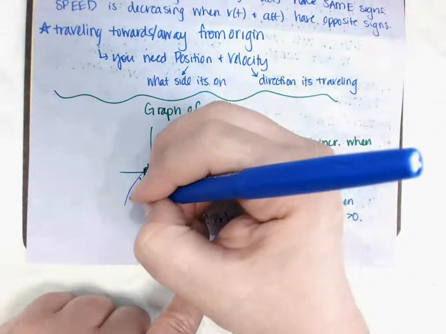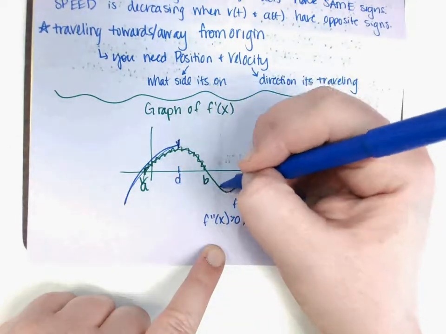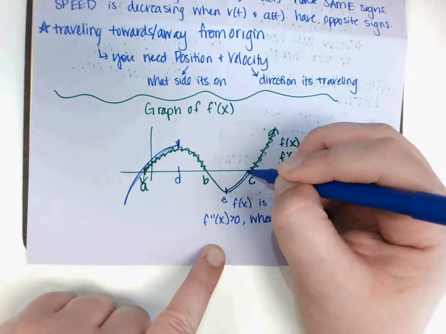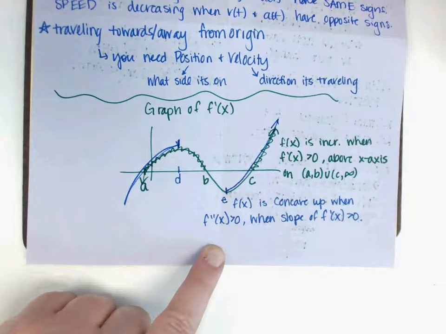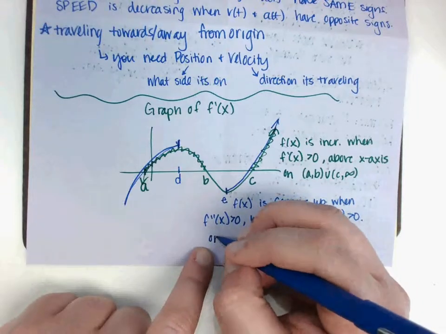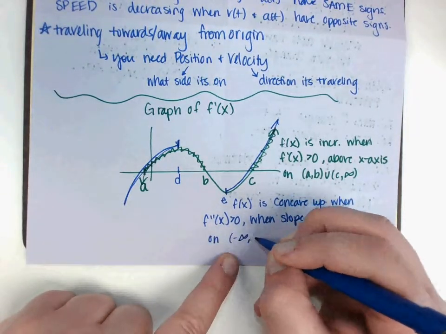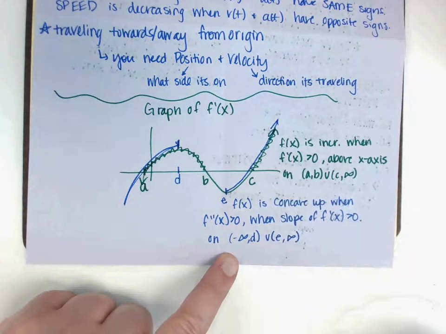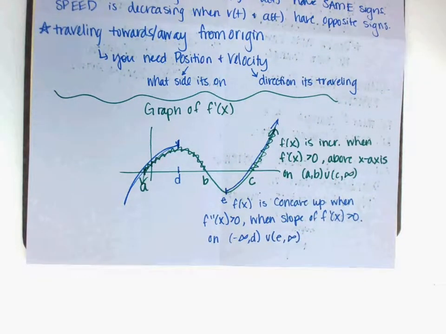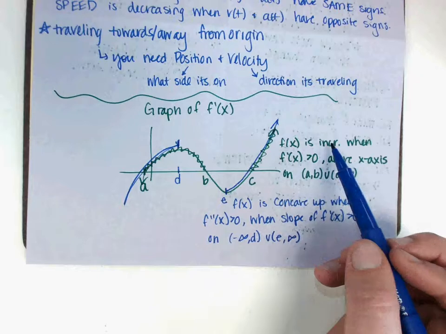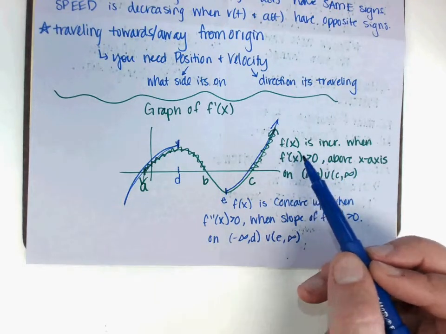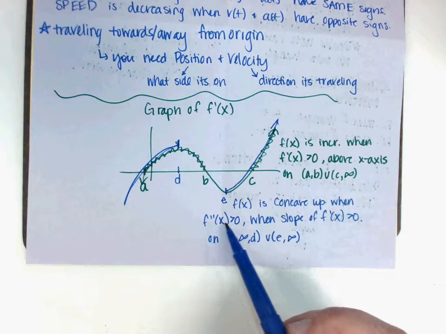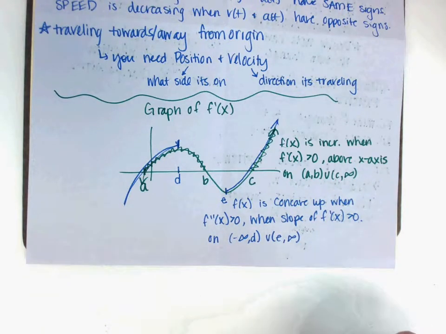And then I have a negative slope on this interval here. And then we'll call this e. I have a positive slope here. So I would say that would be on negative infinity till d, union e till infinity. Okay? So remember, your graph is going to be increasing when your derivative graph is above the x-axis. Your graph would have been concave up when f double prime, which is the slope of f prime, is positive.